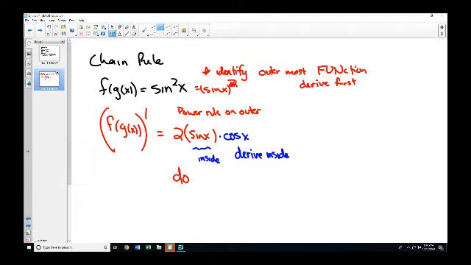So you can remember it this way, but derive outside, copy inside, and then derive inside. Right? So for that example, you would just do it like that? That's your answer. Okay. You can't do anything with it. There's no algebra to simplify it. So you leave the sin x, because that's your inside function.